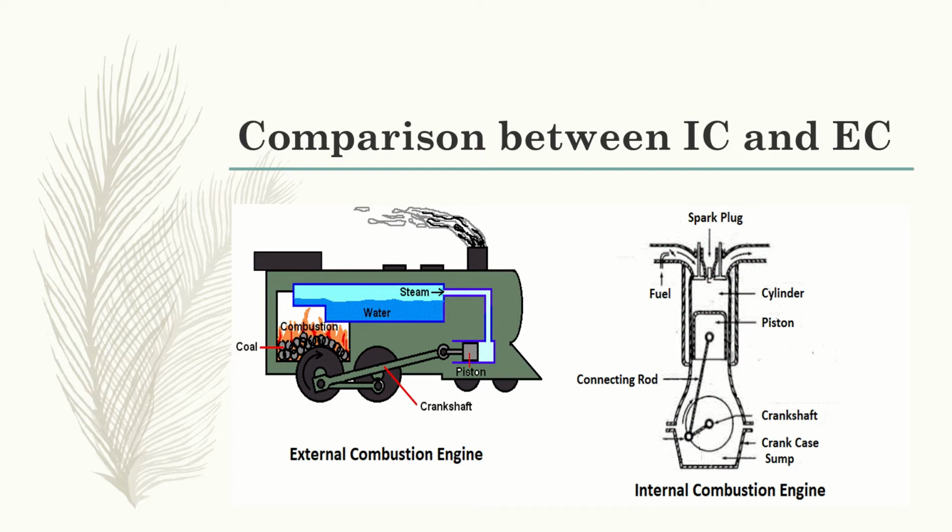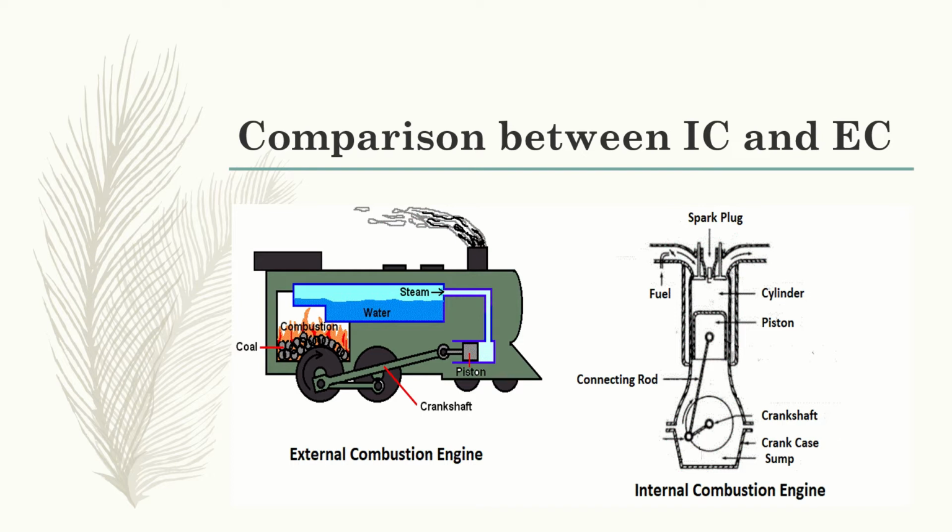And then sa external combustion, kung mapapansin natin yung mga parts niya, merong boiler, merong piston, may cylinder, tapos yung lagayan mismo ng tubig, yung furnace, tapos yung chimney or yung labasan. So mabigat siya, heavy in weight. While dun sa internal combustion, cylinder, piston, tapos crankshaft, crankcase, tapos spark plug, mas magaan siya.